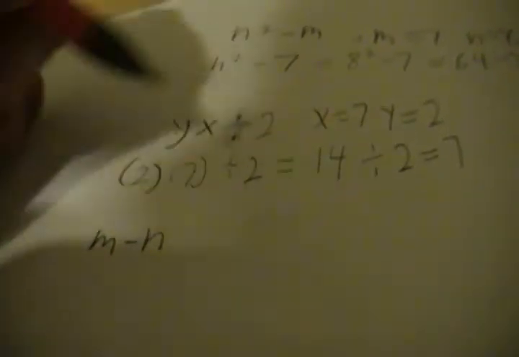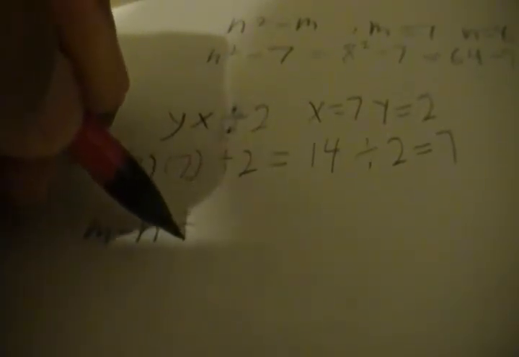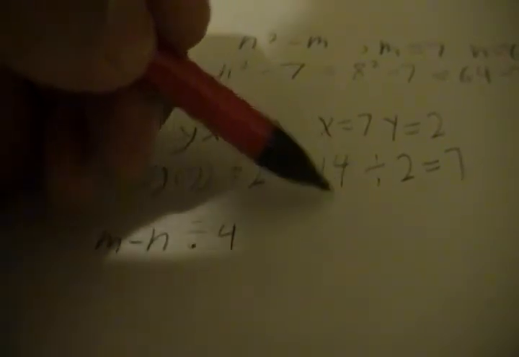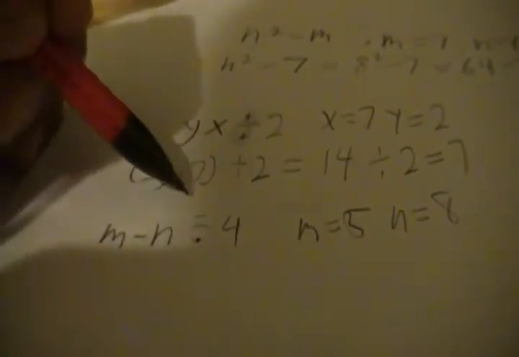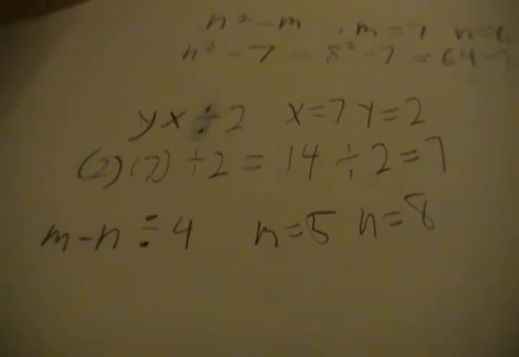Alright, let's keep moving on. What if we're given m minus n, divided by 4? m is equal to 5, n is equal to 8.